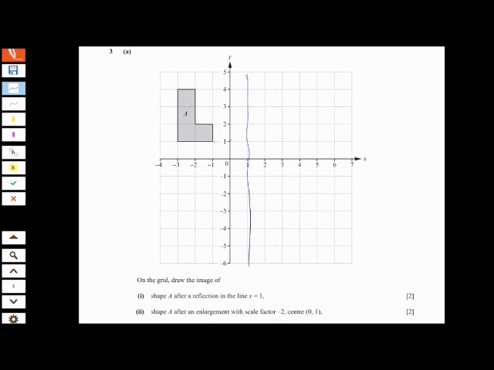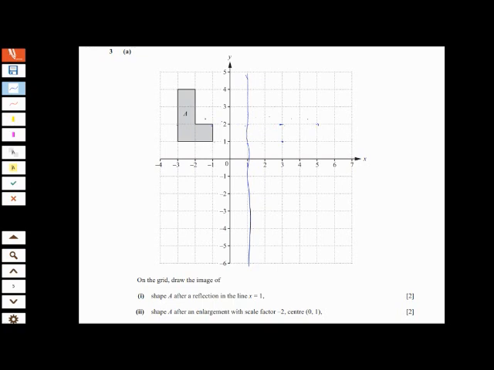Basically you see the gap, 1, 2, then you count 1, 2, this is the first point. Then 1, 2, again 1, 2, that's the second point. And this point is 1, 2, 3, 4. That's the other point.